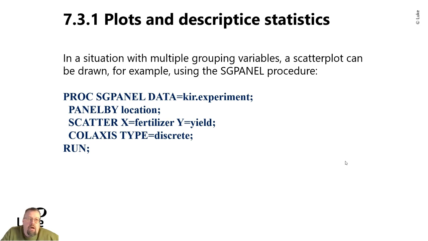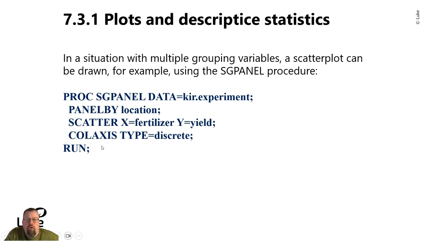And here we start so that we actually draw a scatter plot to visualize what we have. So we are now looking at the same data experiment, and we want to draw a separate panel for each location, and we want to draw a scatter plot where the x-axis variable is the fertilizer and the y-axis variable is yield.